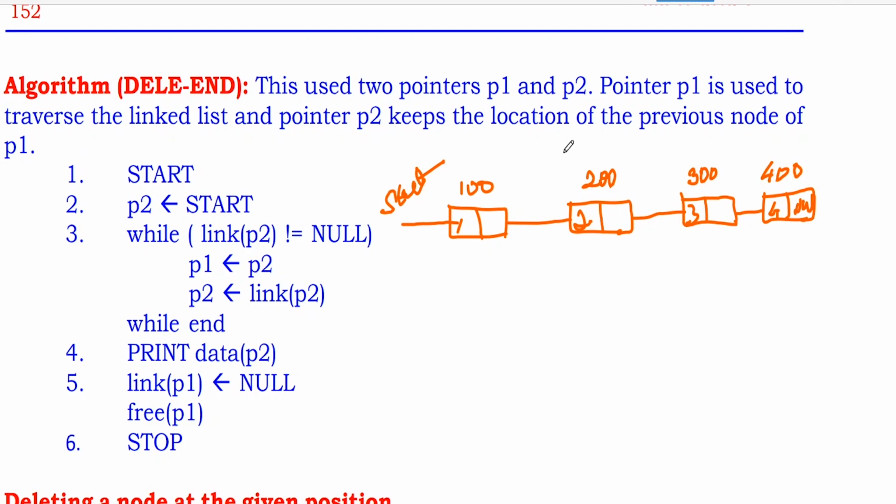P2 keeps the location of the previous node, so it keeps the previous node of P1. Here P1 is the previous and P2 is the first. So they made a lot of problems here.